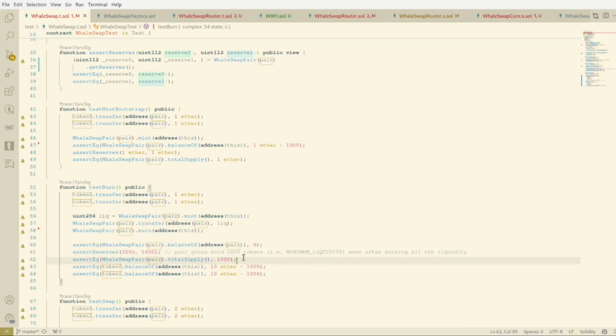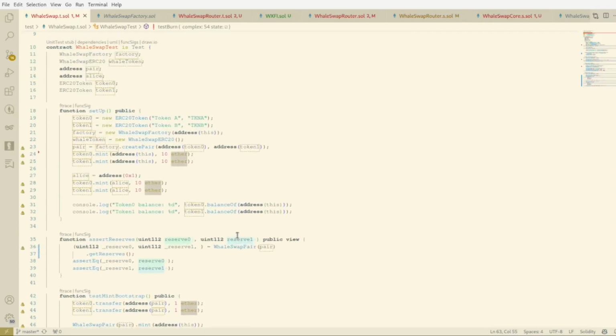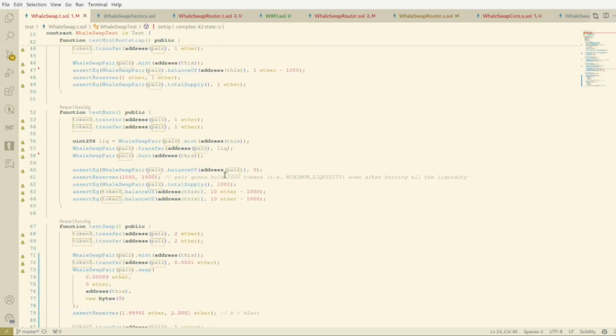And then total supply will also be 1000, and the total balance, because we have 10 ether worth of balance, as we can see here. Since we have claimed all of the liquidity, but 1000 are still in the pair, our current balance, the new balance, will be 10 ether minus 1000.